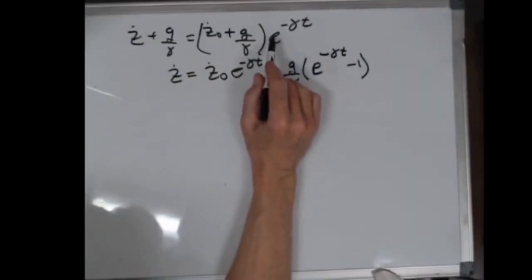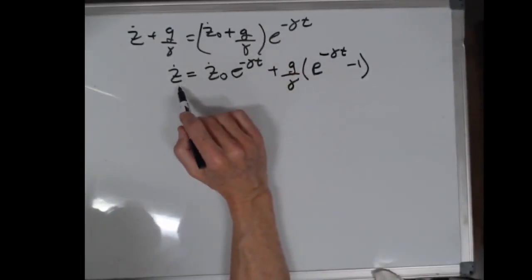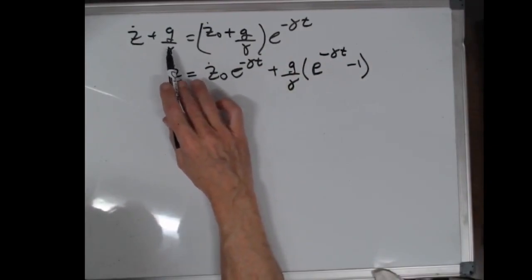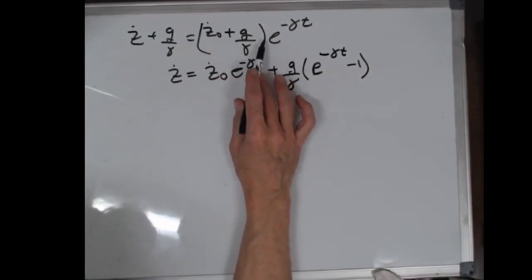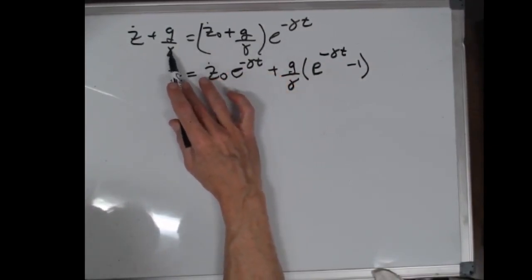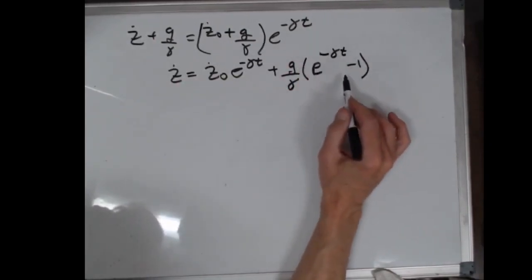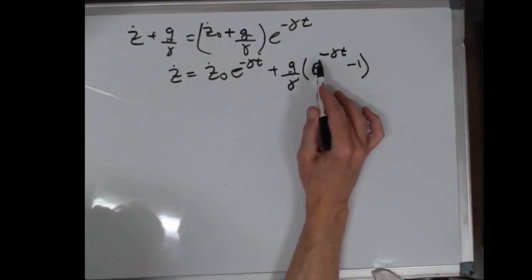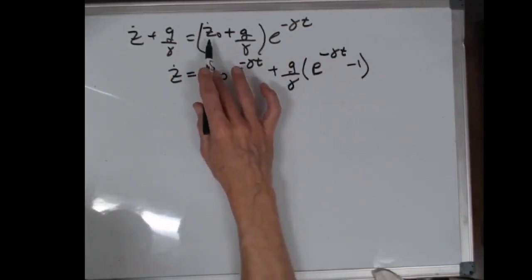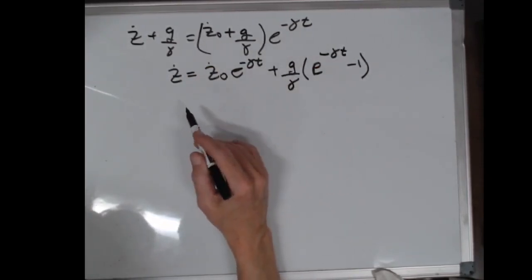So I've rewritten the last equation for z here, and now I've just rearranged it. If I move this guy to the other side, I have two terms with g over gamma. One is multiplying e to the minus gamma, and the other one is just subtracted, so it becomes g over gamma times e to the minus gamma t minus 1. And then this term just multiplies e to the minus gamma t.